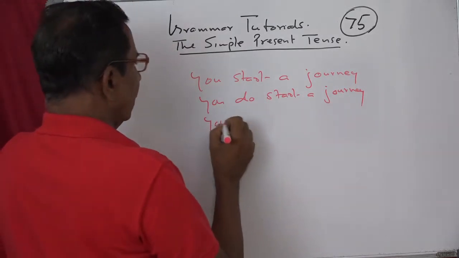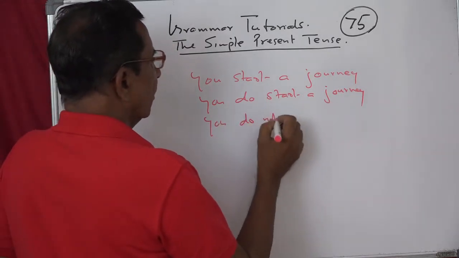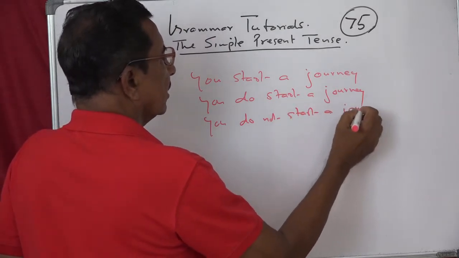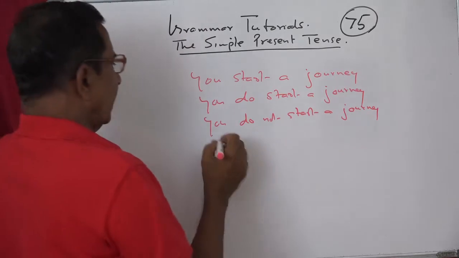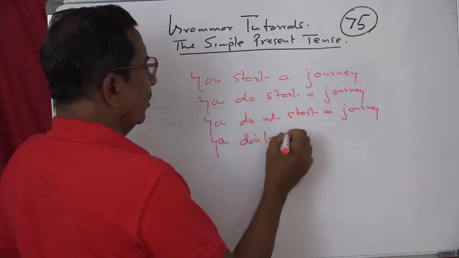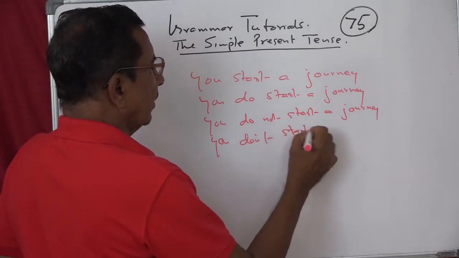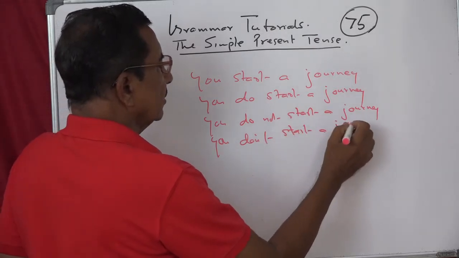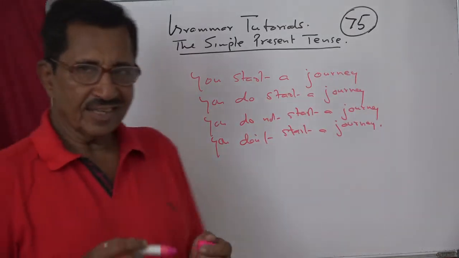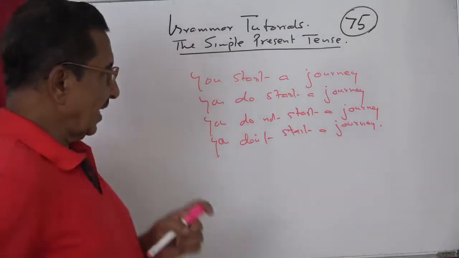And the next will be you do not start a journey. And the shortened form is you don't start a journey. See that? Simple?